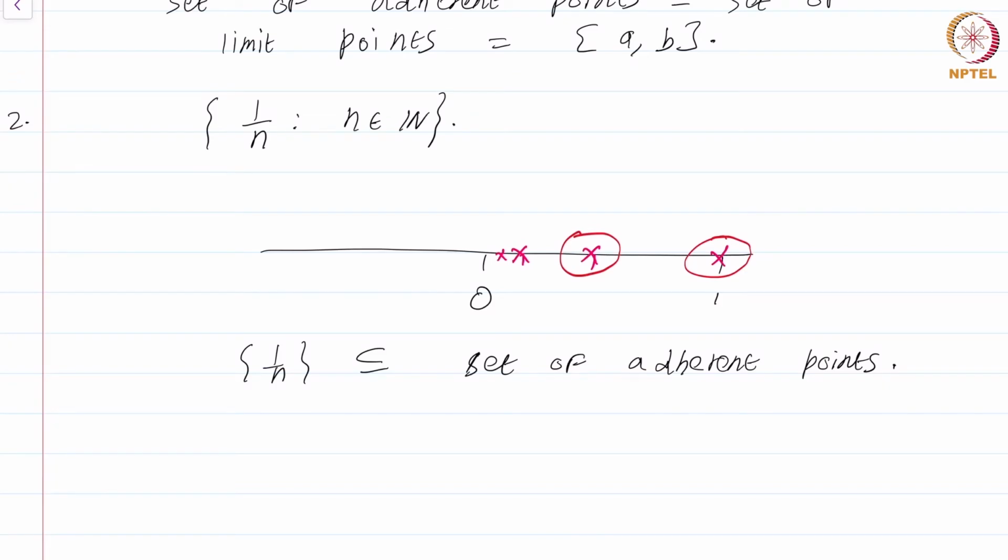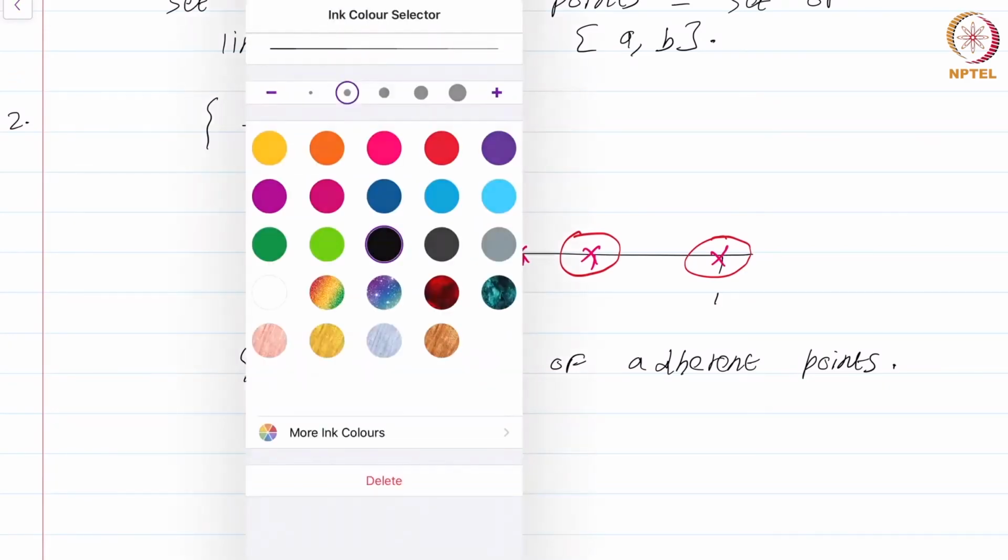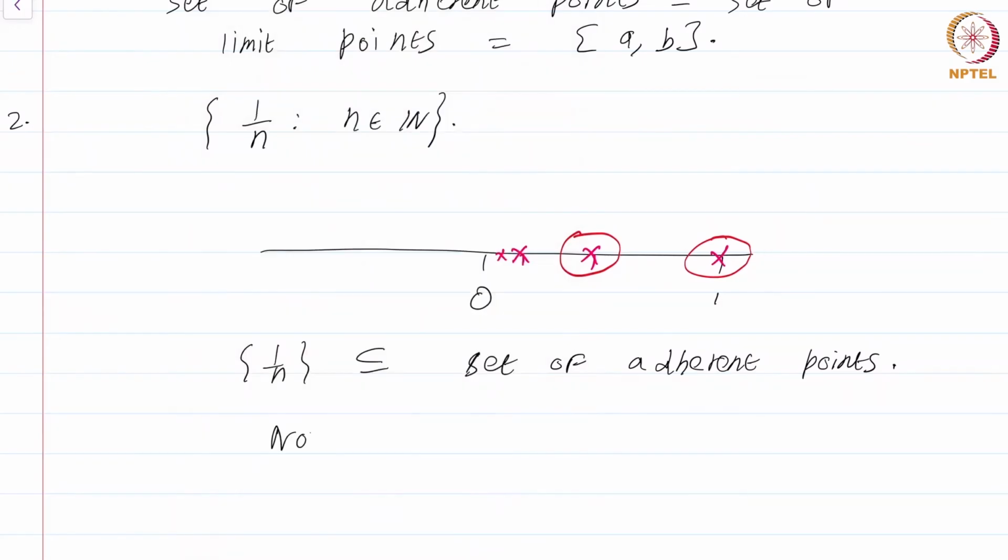So none of these points are limit points. So here it seems like the set of adherent points and limit points are not even going to have a common point. But wait a second.